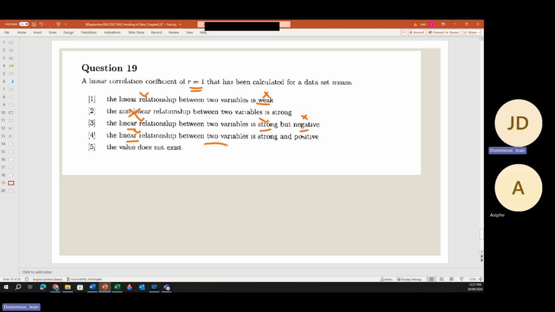Between two variables, yes, is strong, correct, and it is positive, correct. By looking at just that one measurement, r equal to 1, we can say that we have a strong positive relationship between the two variables.